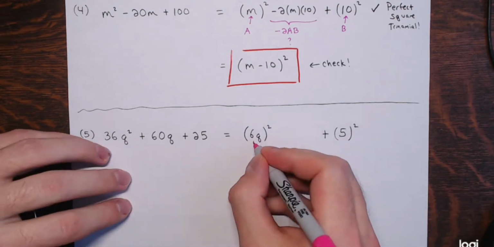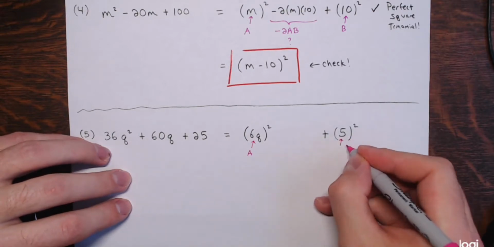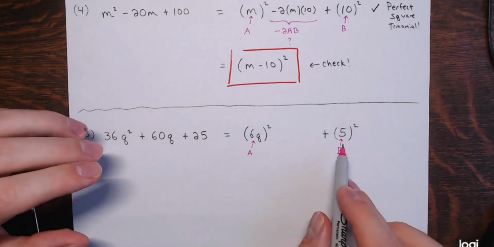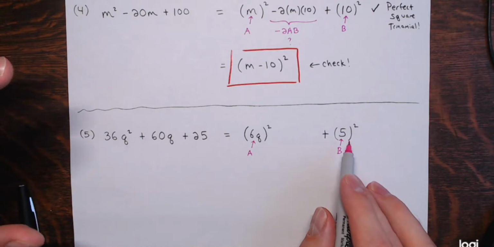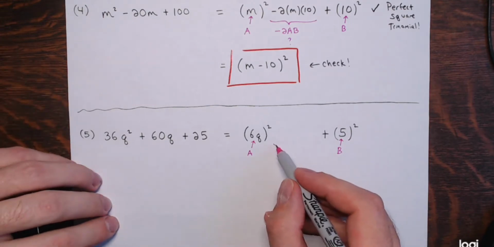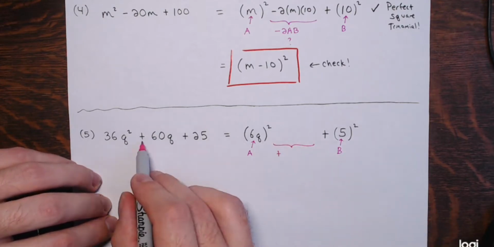So I'll call 6q the capital A, and then the positive 5 the capital B. And then, because the first term and last term are perfect squares, you might think this might be a perfect square trinomial. So now the question is, is this middle term plus 2ab, because it's a plus in the middle now?